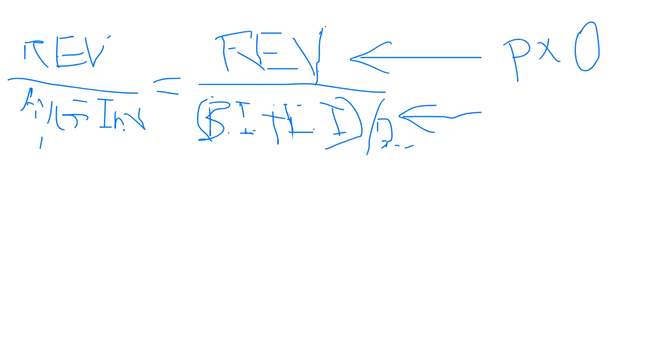So in other words, sales revenue is inevitably denominated in price. So the average inventory number you use is also in price terms, right?